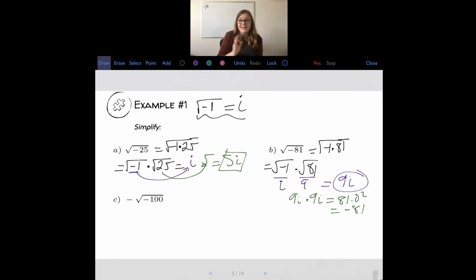For part C, we have a negative on the outside and on the inside, so let's talk about what that looks like. On the outside, when you just see a negative in front, you can think of this as negative 1. So this is negative 1 times the square root of negative 100. I'm just going to work with the square root of negative 100 right now.